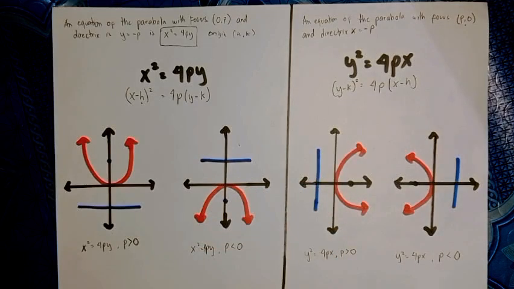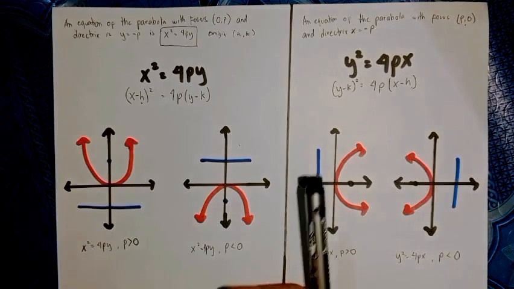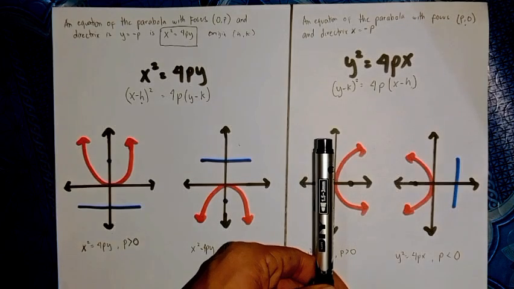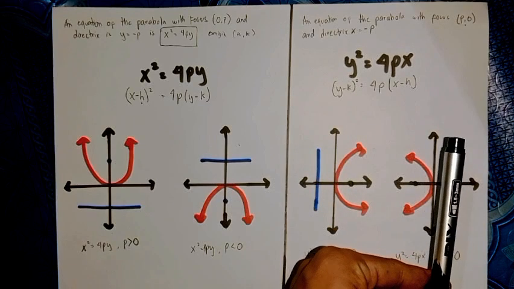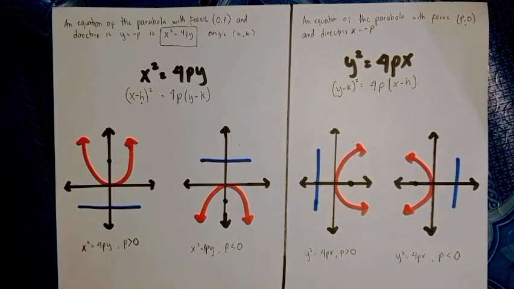Take note that if p is greater than 0, the parabola opens to the right, and if p is less than 0, the parabola opens to the left. Those are the two equations that we're going to use. Those are the equations of a parabola.